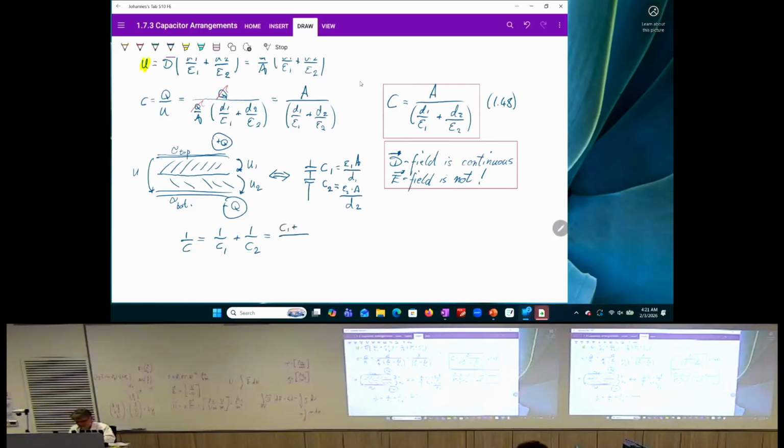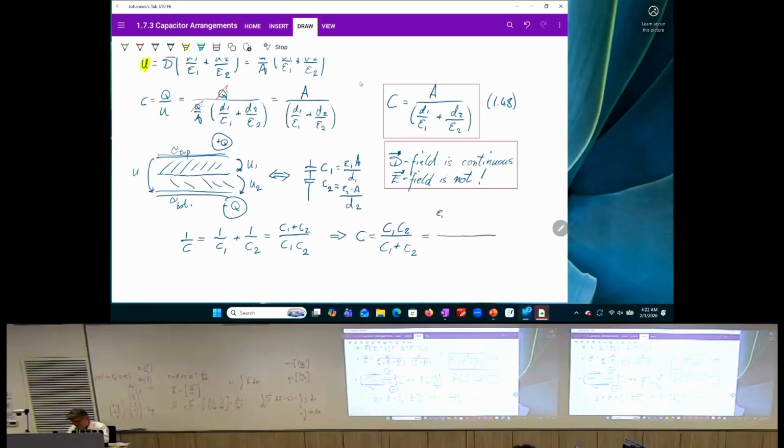This is C1 plus C2 over C1 times C2. And for that reason, if we flip around the numerator and denominator, that means C1 times C2 divided by C1 plus C2.